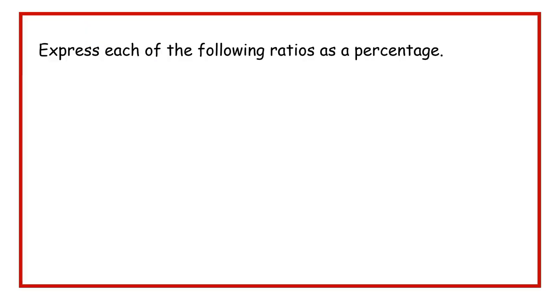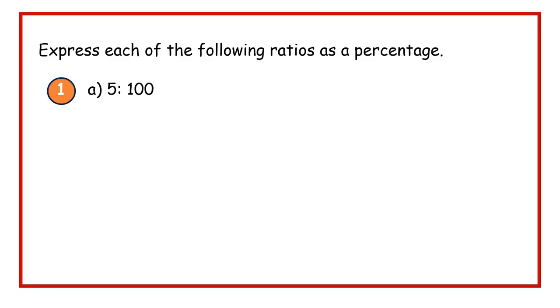Now, let us see how we can express ratios as a percentage. Look at the first example. We have 5 to 100. And already we have seen that if I have a percent, it means that the ratio or the fraction that I have got is out of 100.